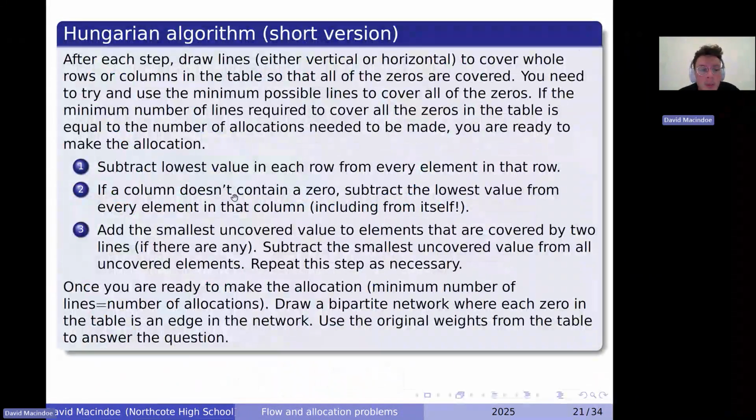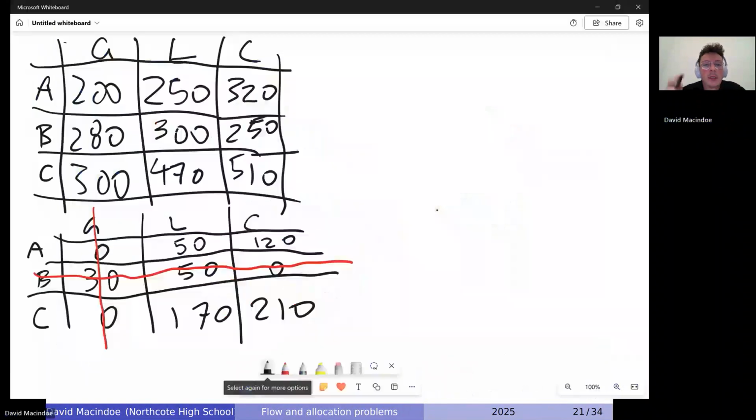So now we've got, if a column doesn't contain a 0, subtract the lowest value from every element in that column, including from itself. So I'm just going to redraw it. So we've got A, B, C. Maybe we'll try a different color here.